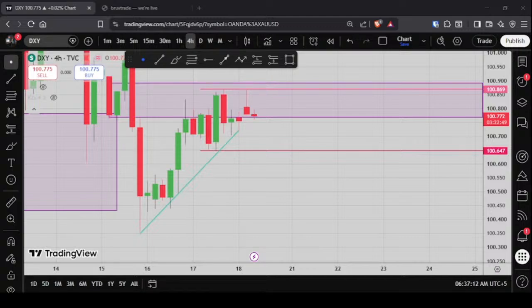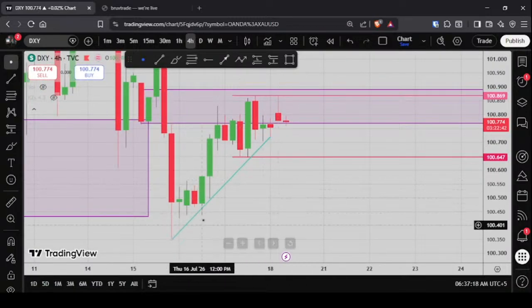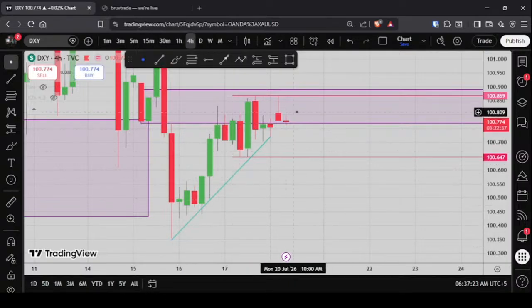Yes. Okay, so let me continue what I've just said quickly because we are facing a technical issue on my side. Right now I've just marked the trendline liquidity on DXY on the 4 hour.